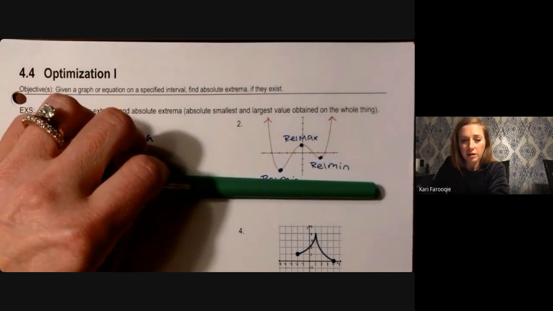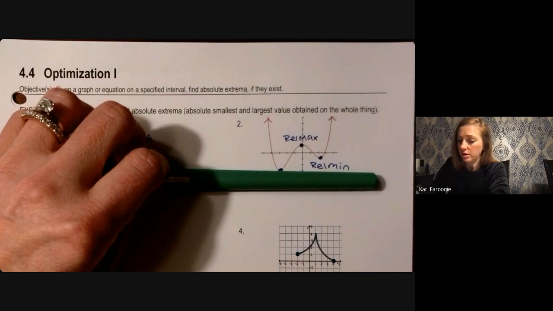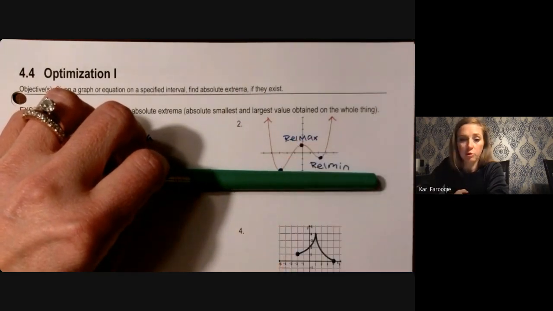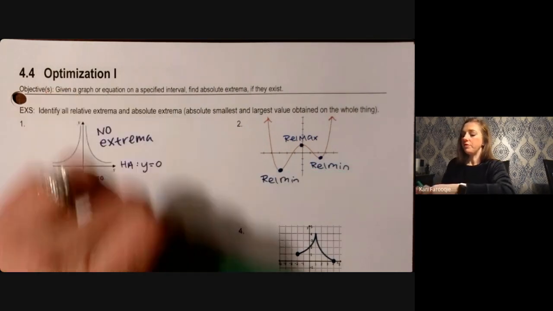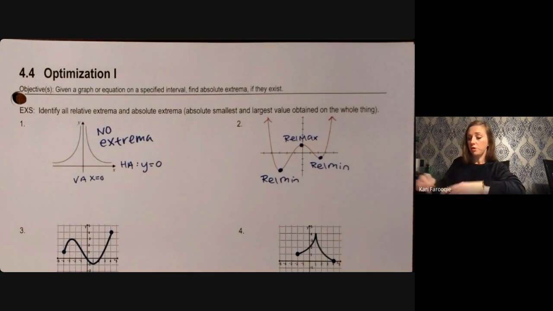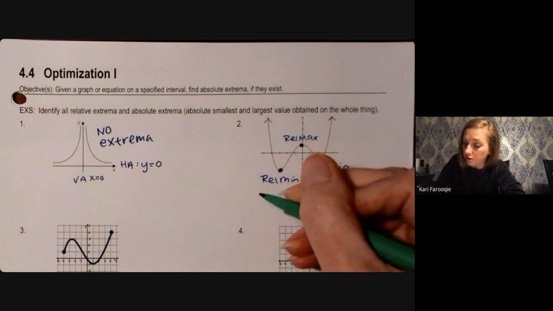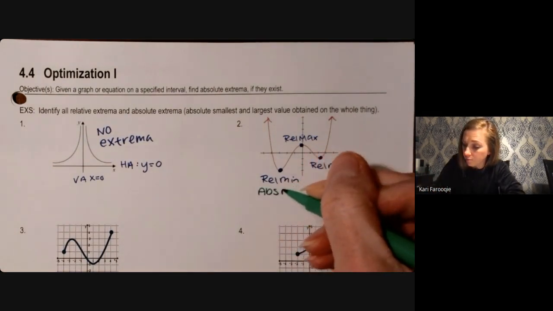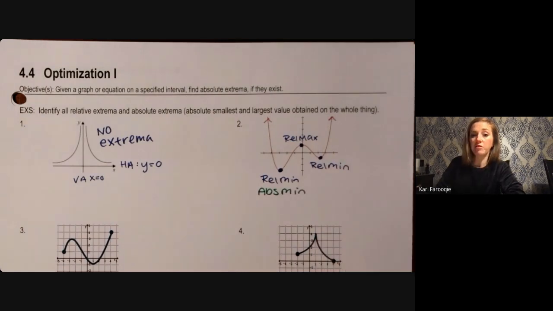If I scan it from bottom to top, I'm going to hit this first value that we chose as a relative minimum. A relative minimum can also represent an absolute minimum. So in this case, we have an absolute minimum at our first relative minimum, and that's because it's the smallest y value that's actually on this graph at any point.